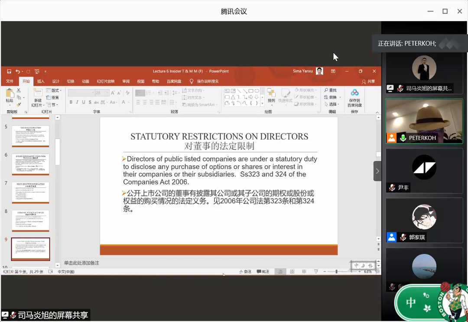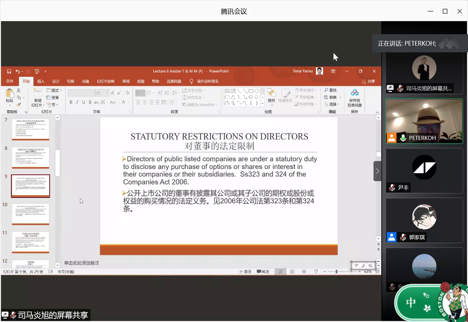And they have a duty to disclose any purchase of shares or interest. Interest is important, all right? So as long as there's interest, it's good.